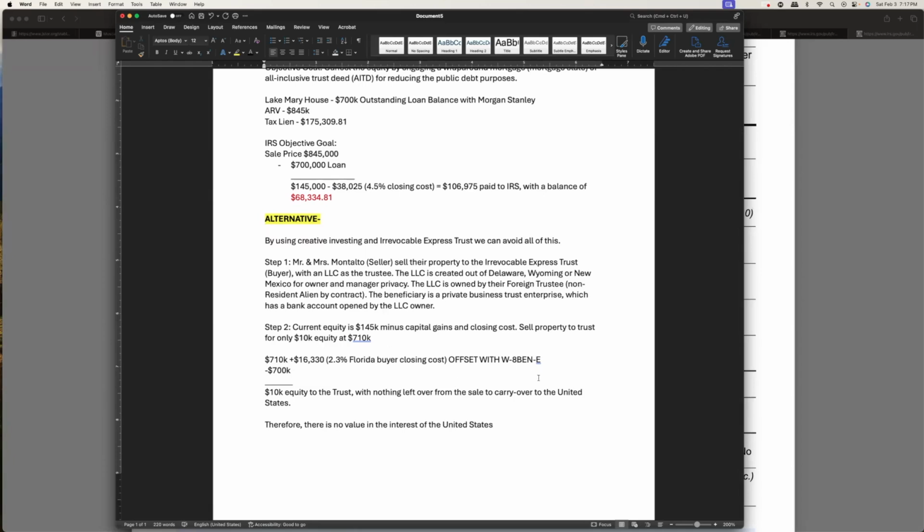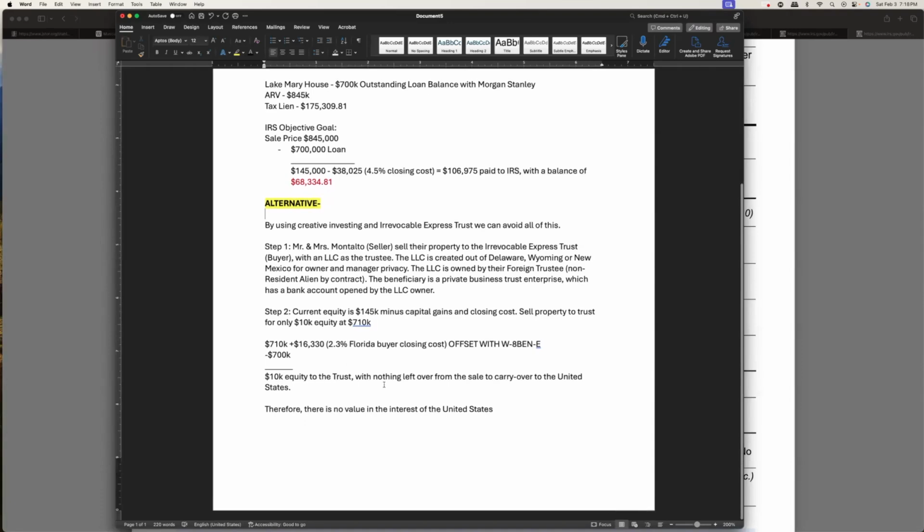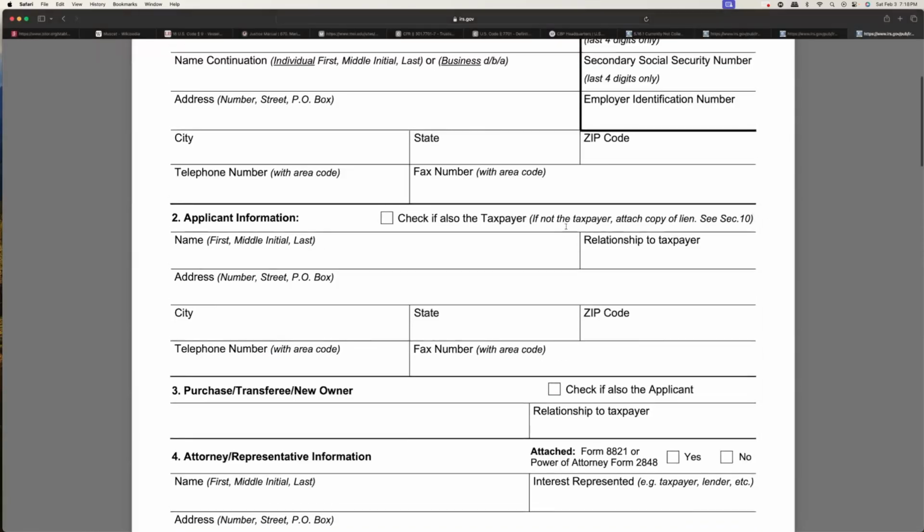So the buyer would pay on that 710, and then the seller would use the proceeds from that to pay off the 700. Okay, that's how that would work. This is paper. That's all it is. It's paper. So let's go back to our form here.